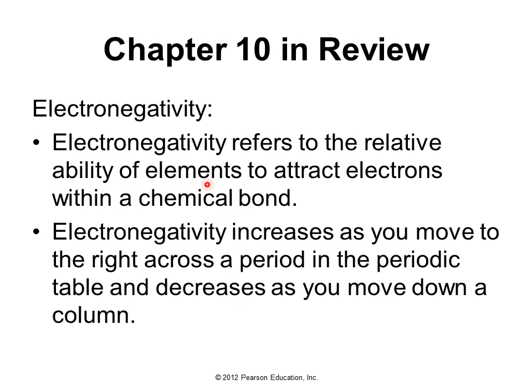We learned about electronegativity, which is a relative ability of elements to attract a bond, and we know that electronegativity increases as you move to the right in the periodic table and toward the top. Fluorine is the most electronegative element.